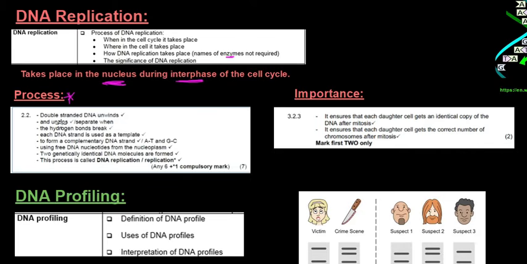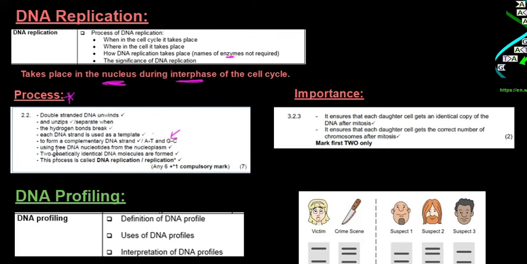And then each of those DNA strands acts as a template to form a complementary DNA strand, and you can actually mention the nitrogenous bases, but in the form of the base pairs. So you need to mention that adenine will go with thymine and guanine with cytosine.